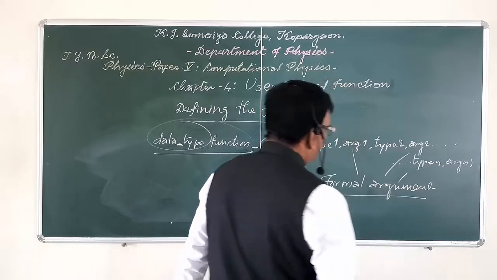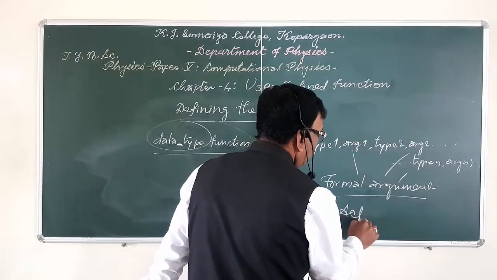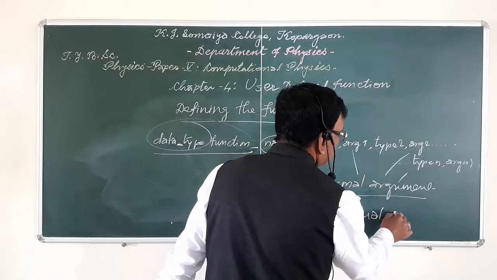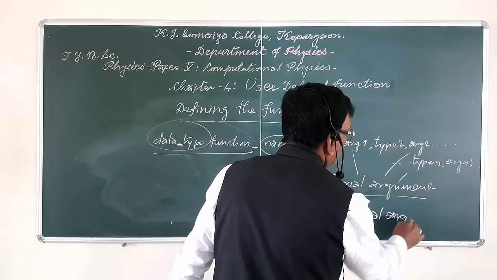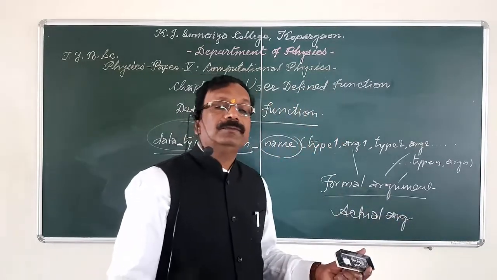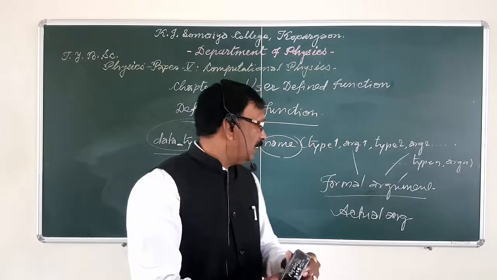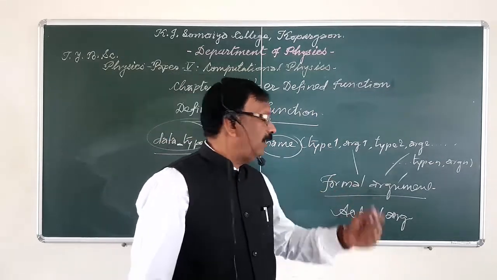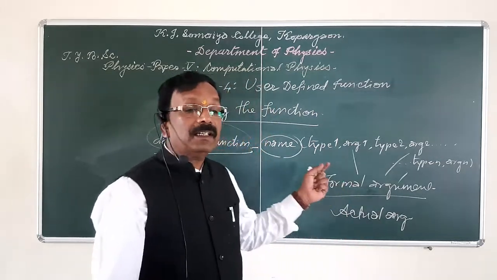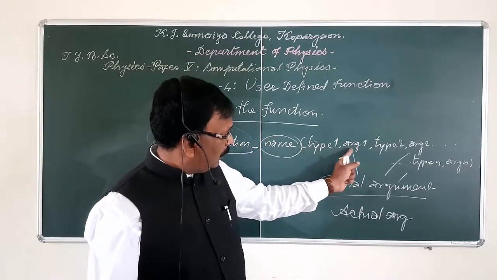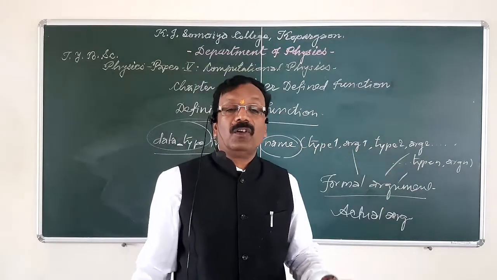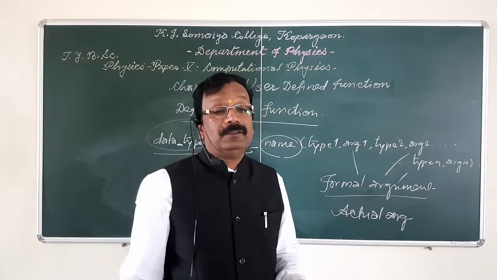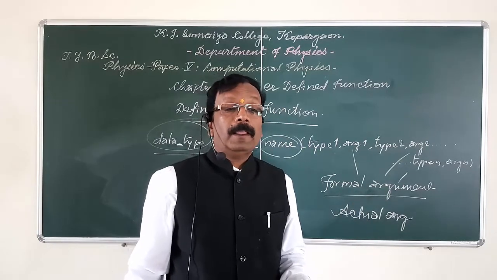There are two types of arguments, formal argument and actual argument, which will be seen later on. But here these arguments, argument 1, argument 2, are called formal arguments.